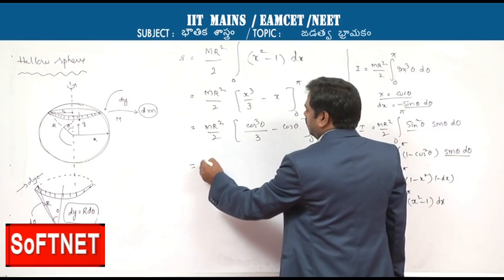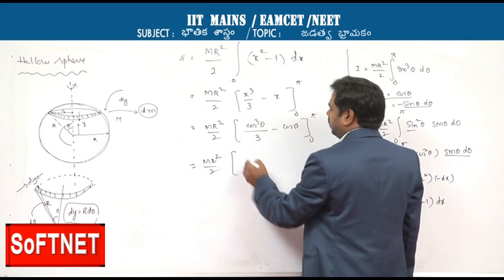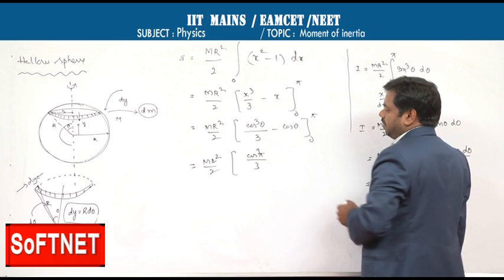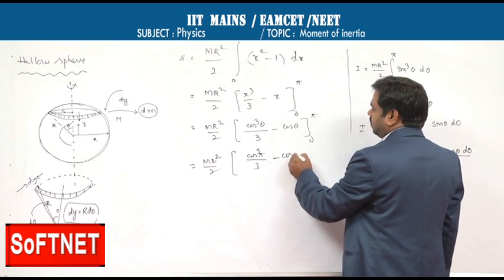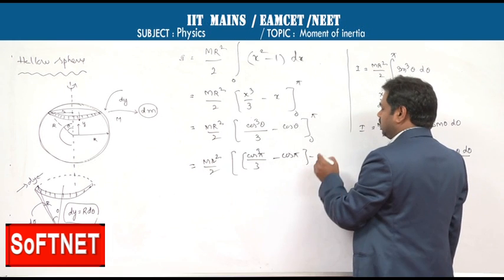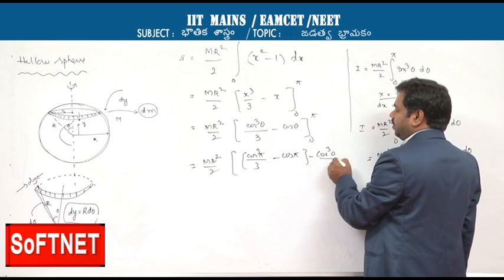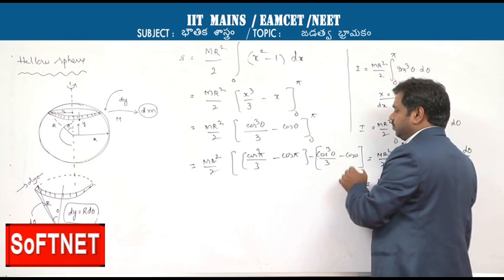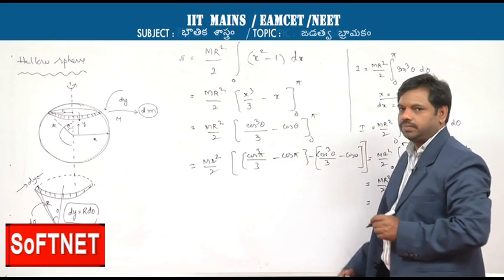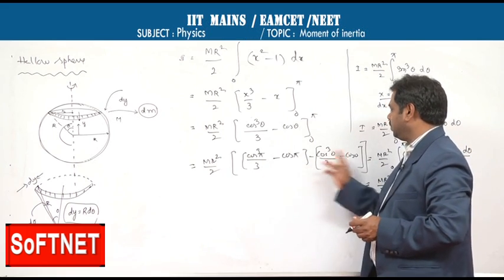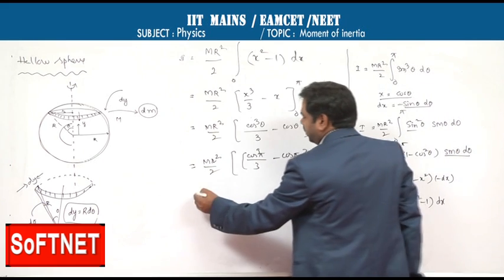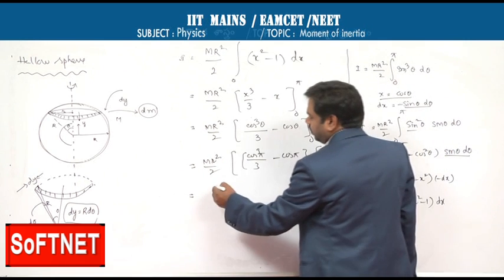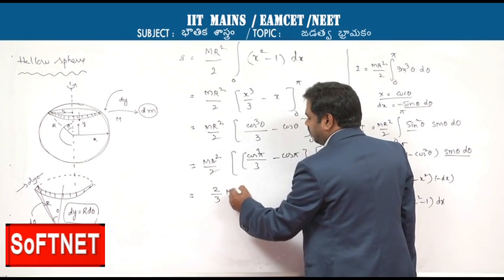Now mr square by 2 into cos cube pi by 3 minus cos pi, minus cos cube 0 by 3 minus cos 0. Apply the value of cos pi and also cos 0 here, and upon simplification you will get the moment of inertia of the hollow sphere as 2 by 3 m r square.